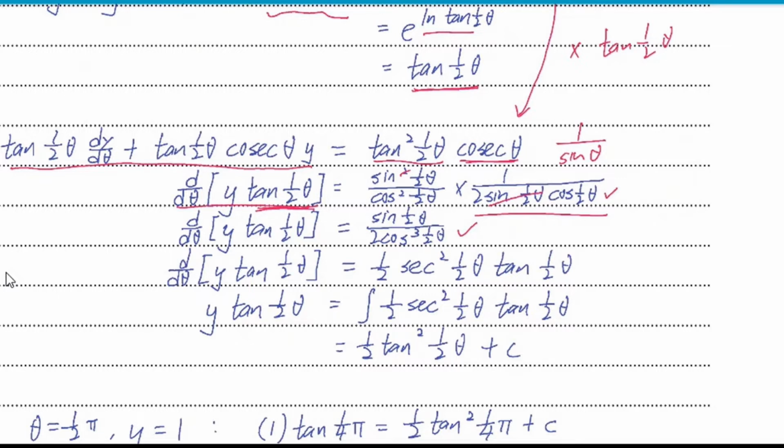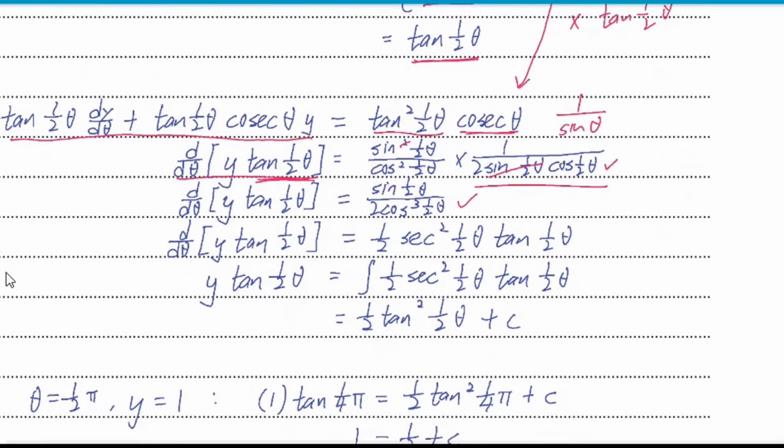This is sine half theta over 2 cos cube half theta. There are different ways that we could deal with that. My way of dealing with that would be to simplify that until we get the secant squared and tangent term.